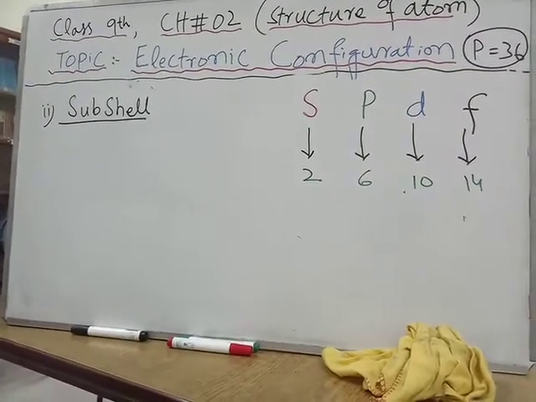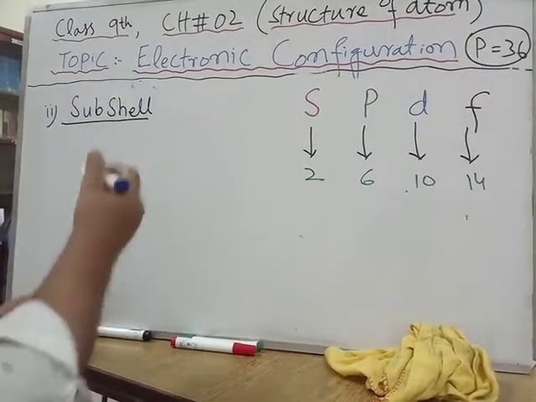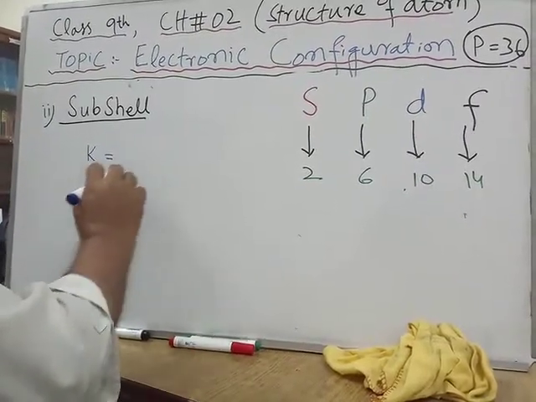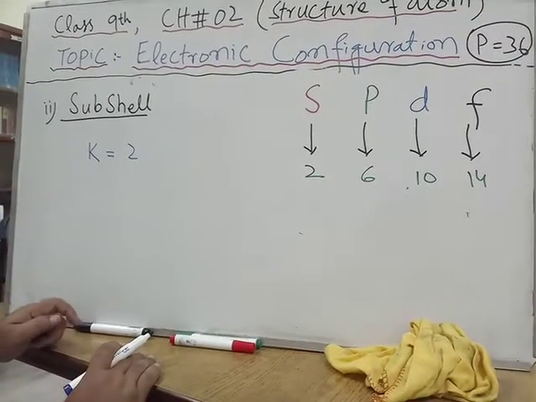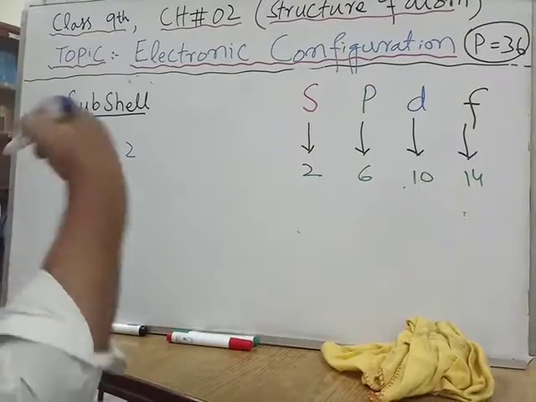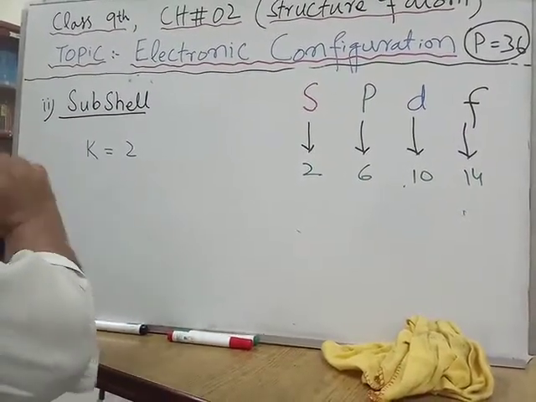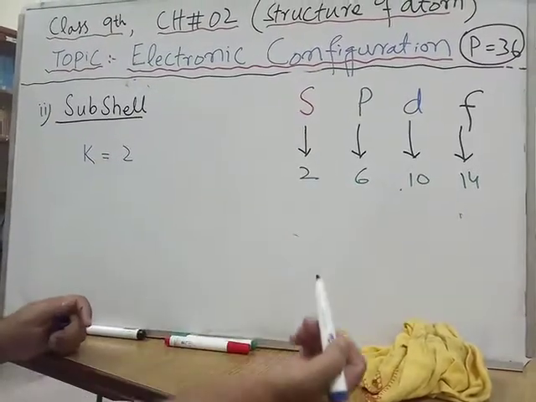For example, if we want to construct a house and we call it K, the K shell can accommodate a maximum of 2 electrons. So what room will be constructed for this purpose? For the K shell, which can accommodate 2 electrons, which room is sufficient?